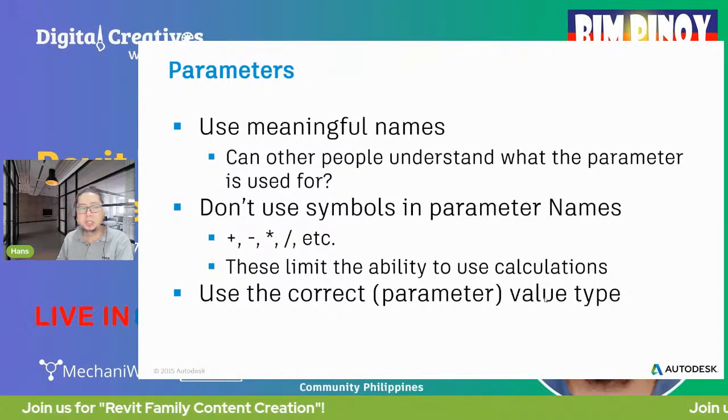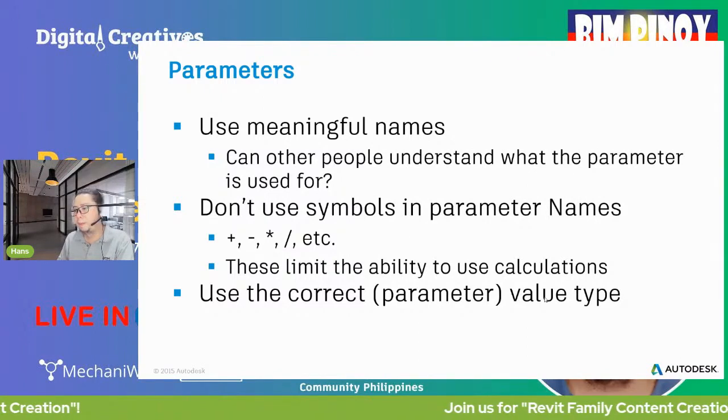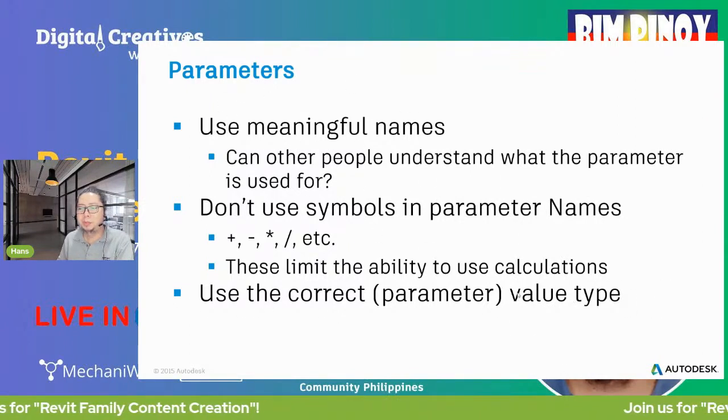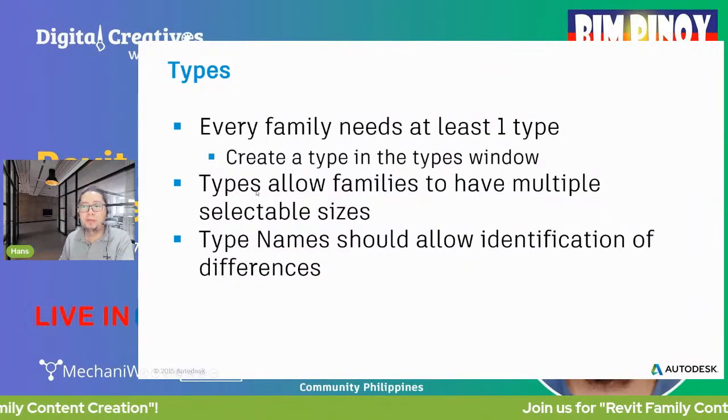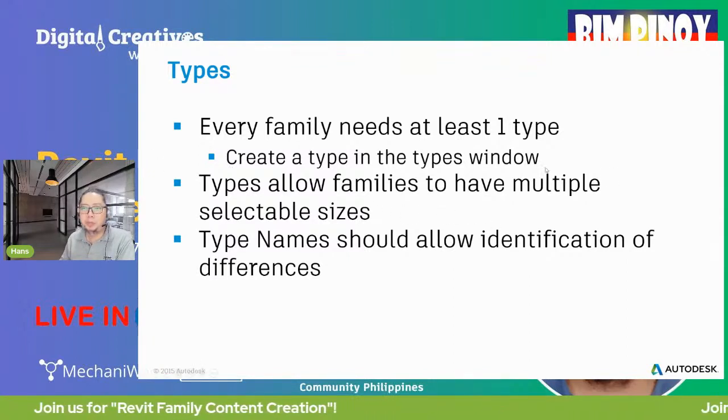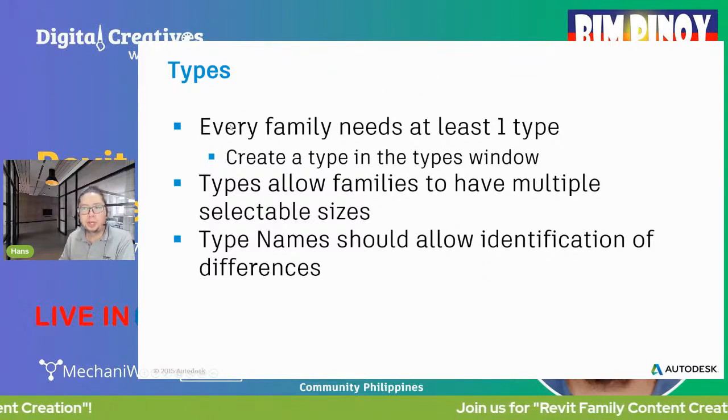If it is a furniture, it should be a furniture parameter, from the furniture template. Every family needs at least one type. If you're creating multiple types, create them in the type window. There will be an option that if you have multiple types, you can create them in the same family.